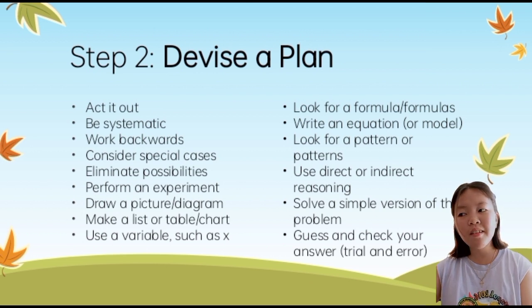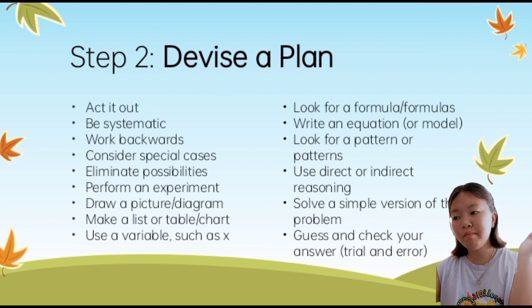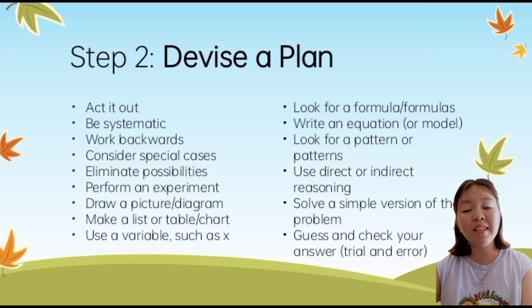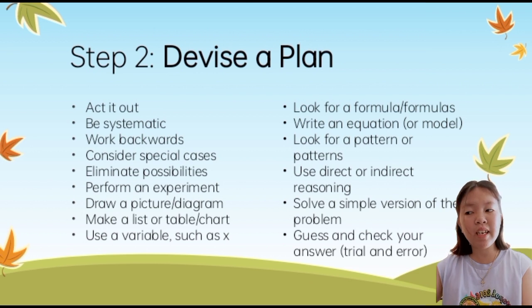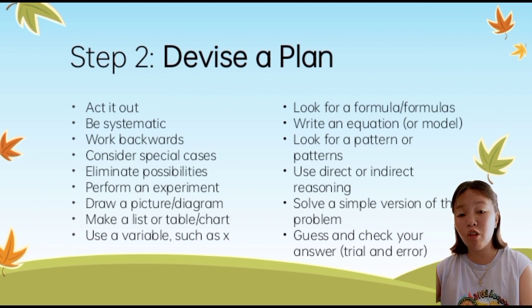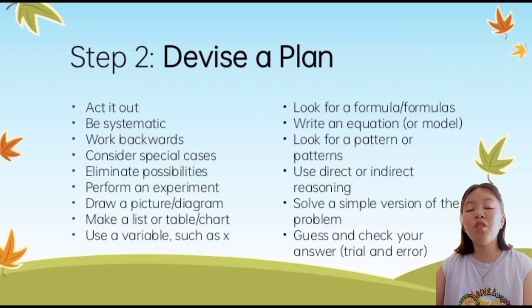Act it out, be systematic, work backwards, consider special cases, eliminate possibilities. Mag-iingon, make a list or table or chart. Draw a picture or diagram. Then, here we are going to guess and check our answer. Trial and error.